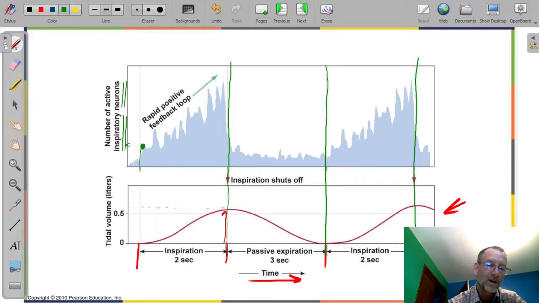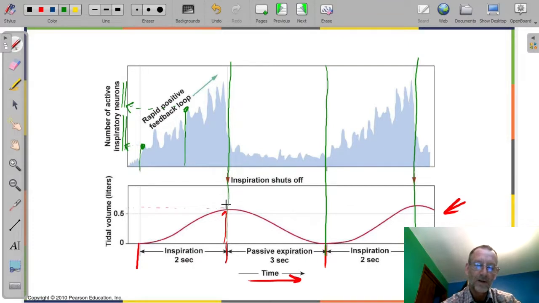Whatever the number is, it's not on the scale, that are causing those inspiratory muscles to contract. And as inspiration proceeds, there are more and more neurons that are active. These are motor neurons to those skeletal muscles.